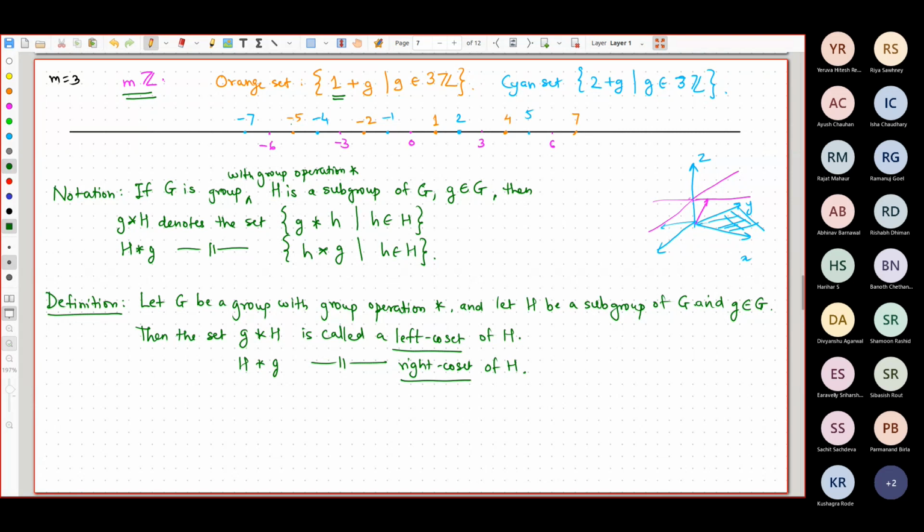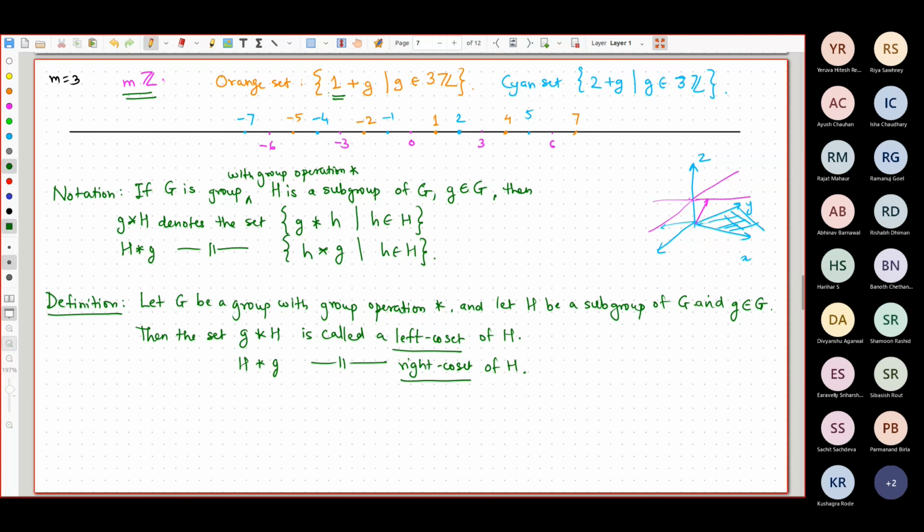What we get out of that is some kind of a shifted copy of the subgroup, and that is what we call a coset. If we operate the fixed element from the left, we call the resulting set a left coset. If we operate the fixed element from the right, we call the resulting set a right coset. That's it. Is it okay?